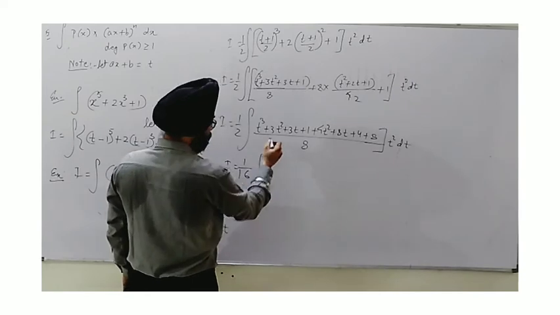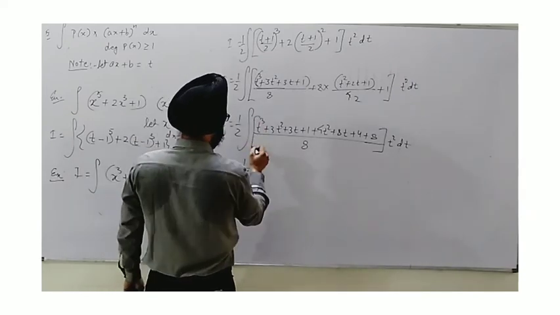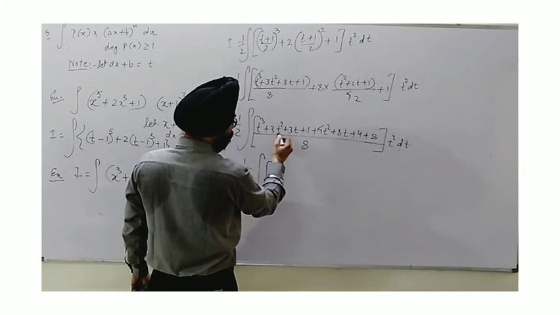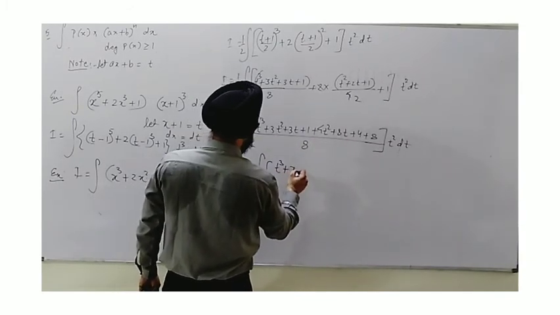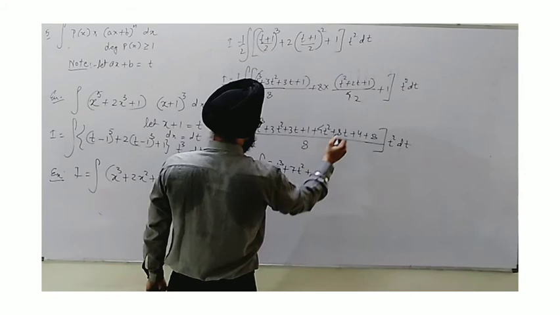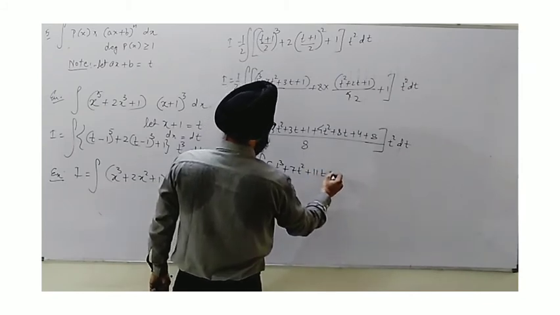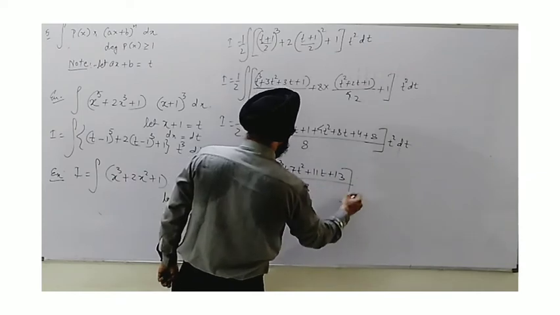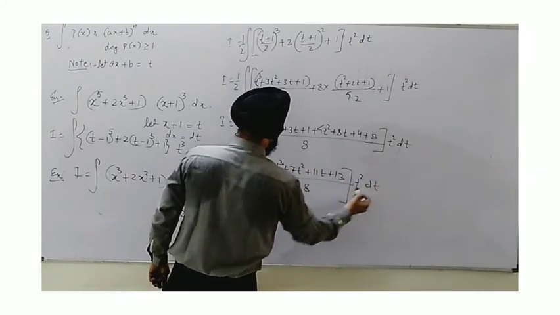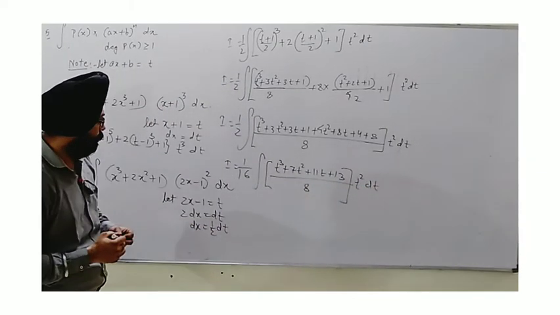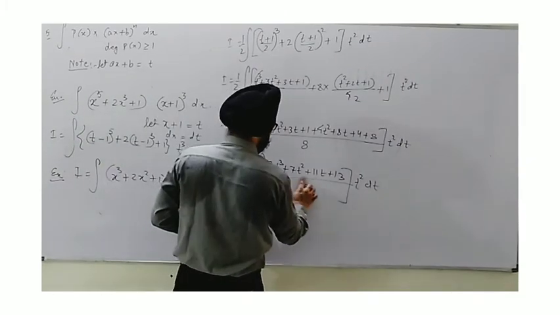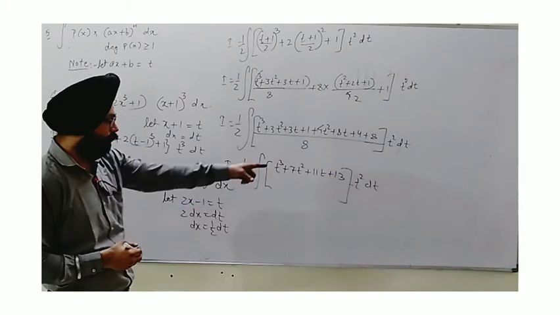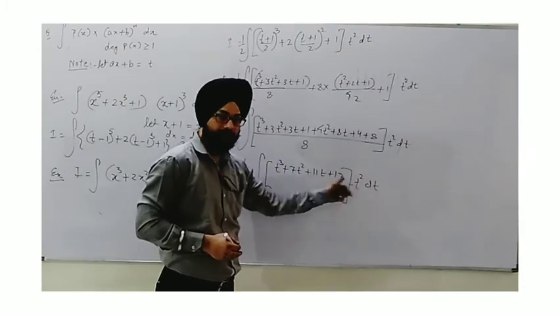When all the terms are simplified, we get t cube as it is, 3t square and 4t square sum as 7t square, plus 3t and 8t as 11t, plus 4 plus 1 plus 8 is 13, all times t cube dt. The 8 we have already multiplied, no need to write it. The only thing left is to multiply that monomial into these terms.